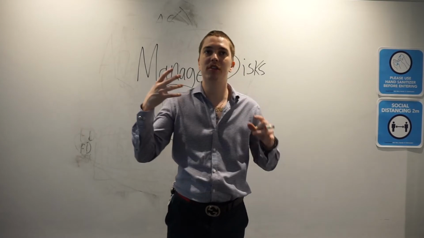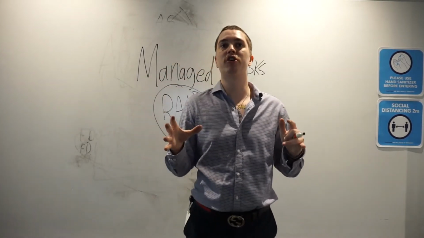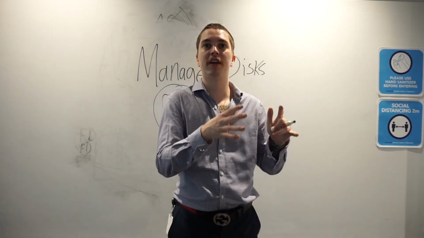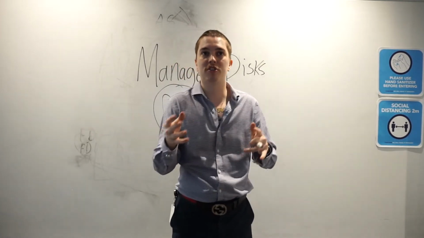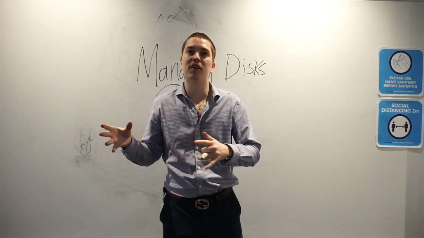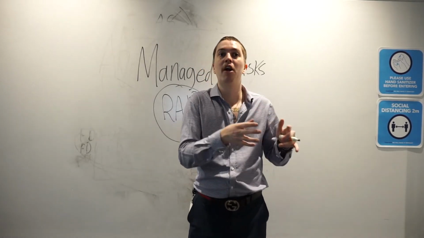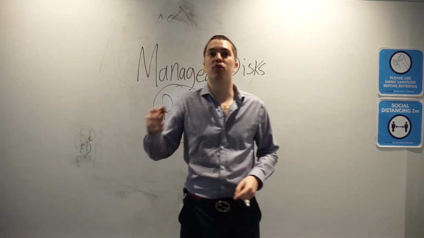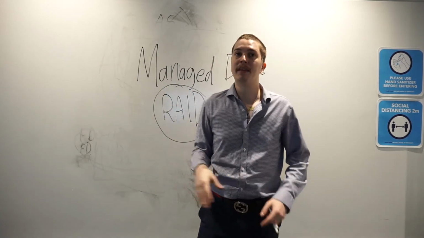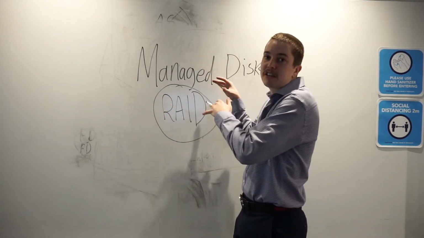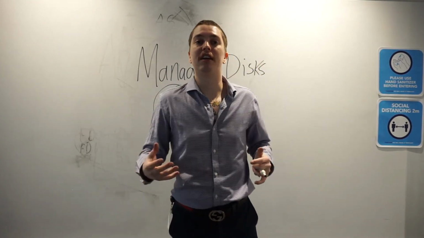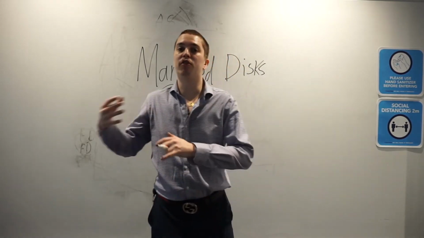When you're using managed disks, Microsoft will ensure that the VM storage that is used is also distributed across update domains and fault domains, because it doesn't help us if our virtual machine compute stays online, but our storage goes down. So that will be an outage either way.